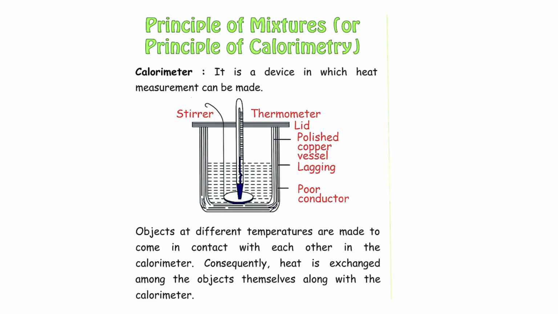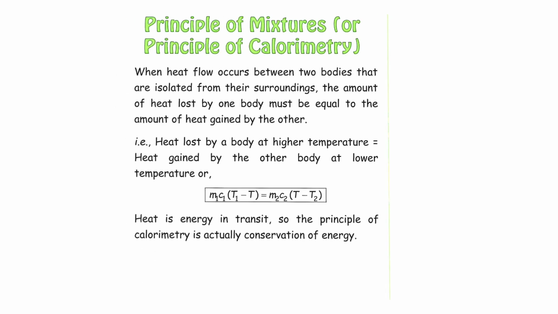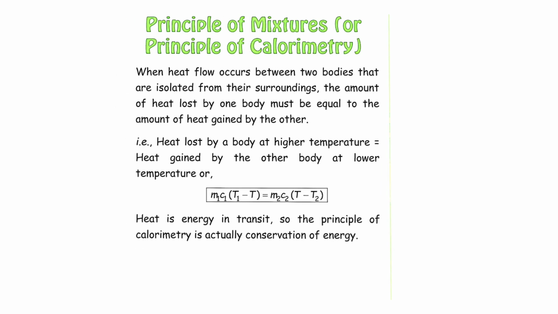Objects at different temperatures are made to come in contact with each other in the calorimeter. Consequently, heat is exchanged among the objects themselves along with the calorimeter. You observe that when heat flows between two bodies that are isolated from their surroundings, there is no contact with the surroundings.